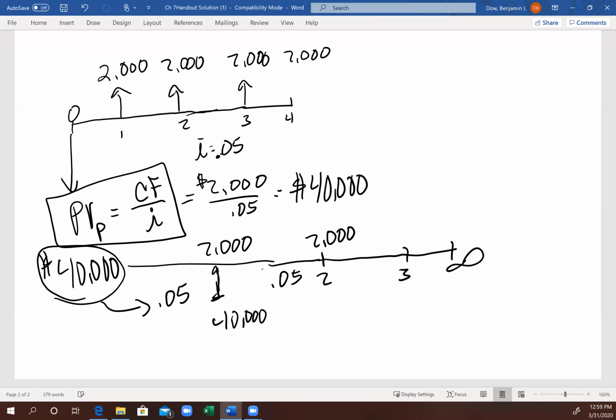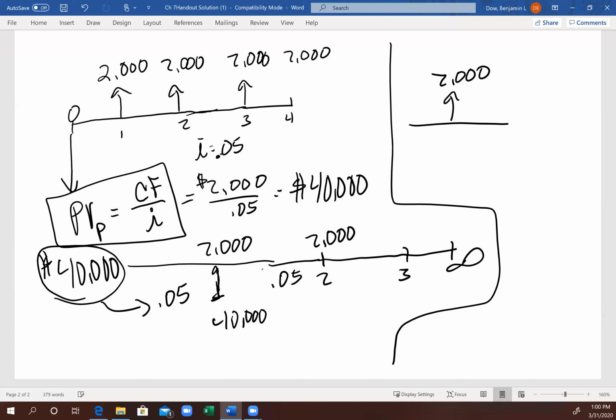But then I asked you to figure out, what if you wanted the perpetuity to grow? What if you wanted $2,000 the first year, and then you wanted that to increase each year by some constant amount, not dollar amount, but percentage. So let's put in growth at 3%. Okay. So what would happen? How much would you have to donate if you wanted it to grow at 3%?